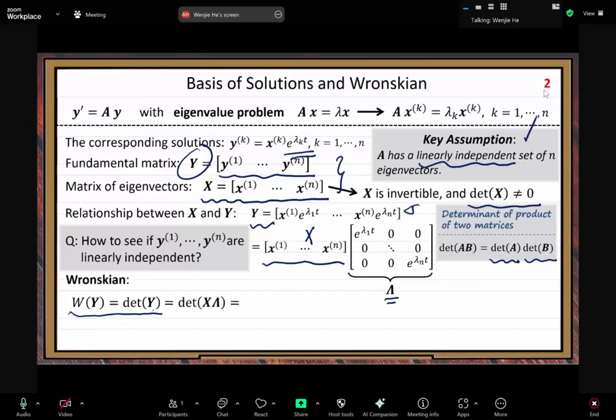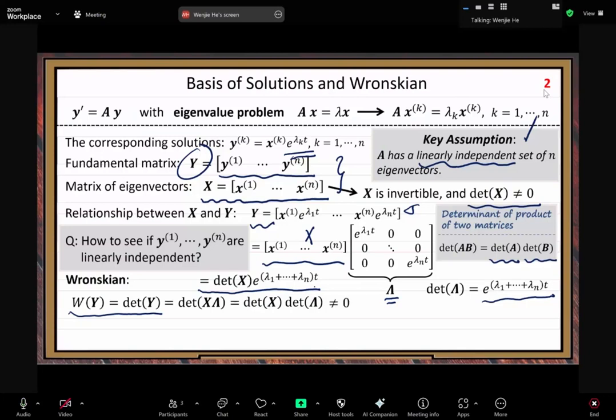By this basic formula, it equals determinant of capital X times capital lambda, and you can split. After you split, the determinant of the diagonal matrix you can write as another E function. The E function can never be 0. So the determinant equals this expression, and the determinant of X is non-zero because of the linearly independent vectors.